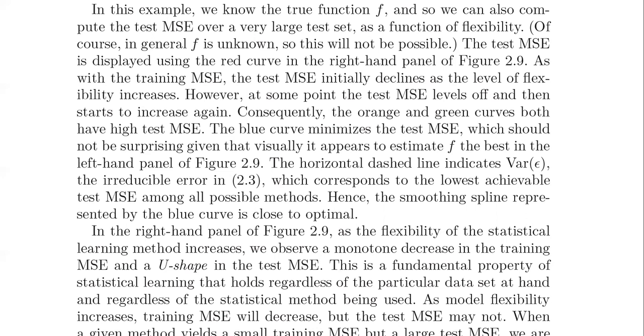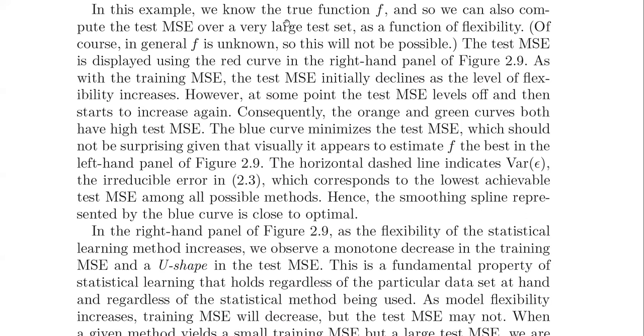What are we saying over here? So there's the training and the test mean square errors. I think what we're saying is, given that we know the true function f, you can very easily simulate, for instance, 100,000 observables that were not used in modeling the relationship between y and x.